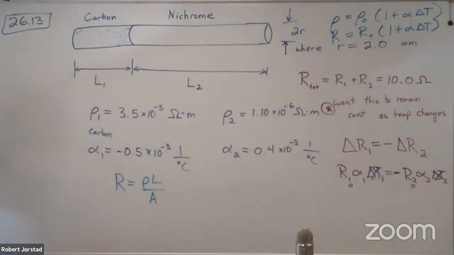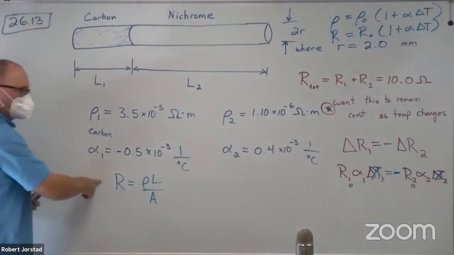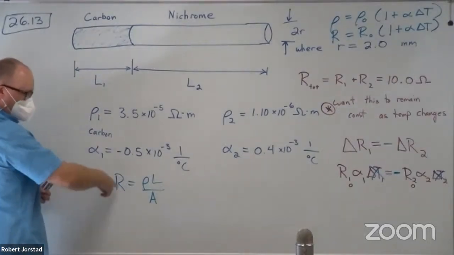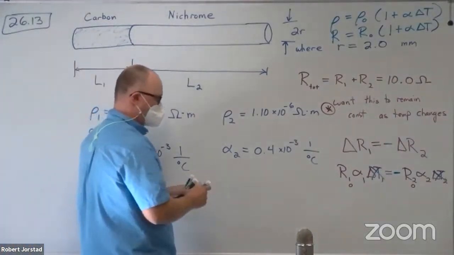How do I get length into that equation? R equals rho L over area. The equation Jesse brought up. So we did need that. So let's put this over here.